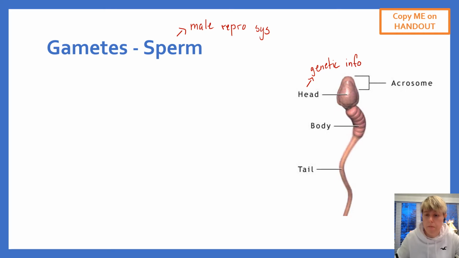Remember, the gametes, the sperm and the ovum, have half of the genetic information required for a human. A human requires 46 total chromosomes, so half of that would be 23 chromosomes. So the head contains the genetic information, a total of 23 chromosomes, which is again half of the genetic info.